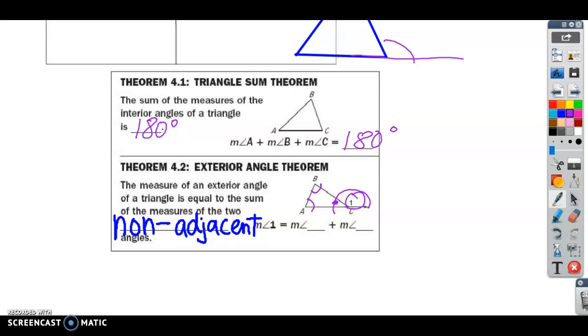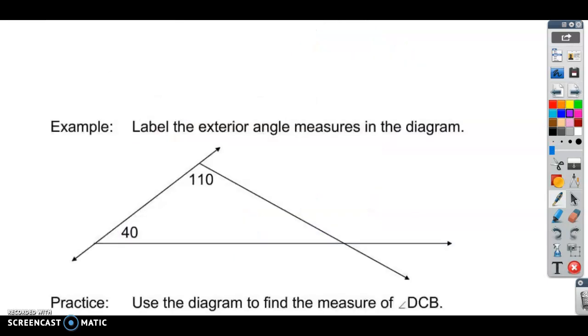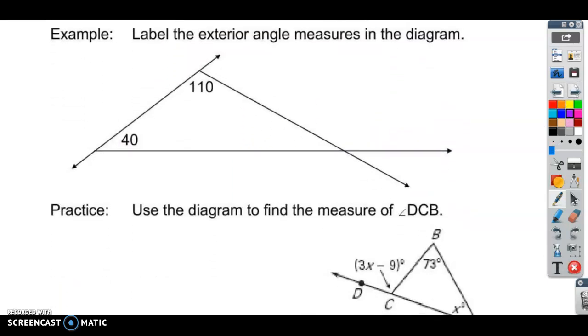So the measure of angle 1 is equal to the measure of angle A plus the measure of angle B. Hope I didn't thoroughly confuse you there. All right, so we'll get to that in the practice in just a second.